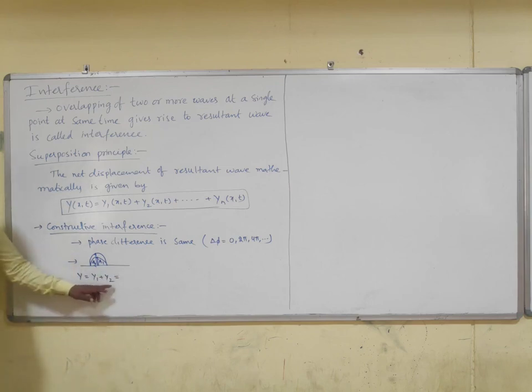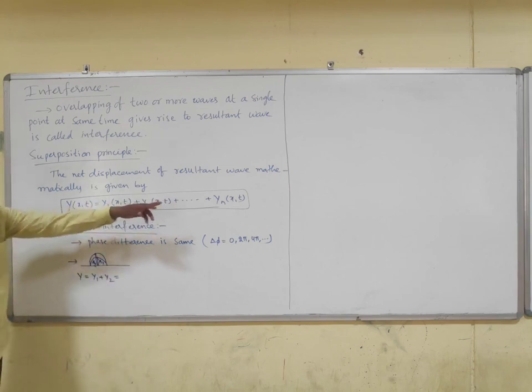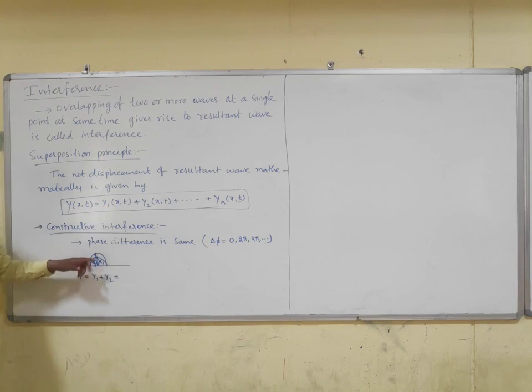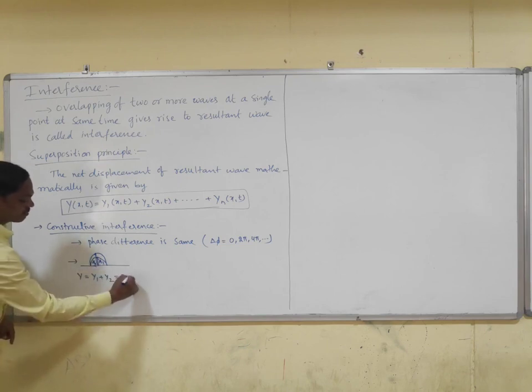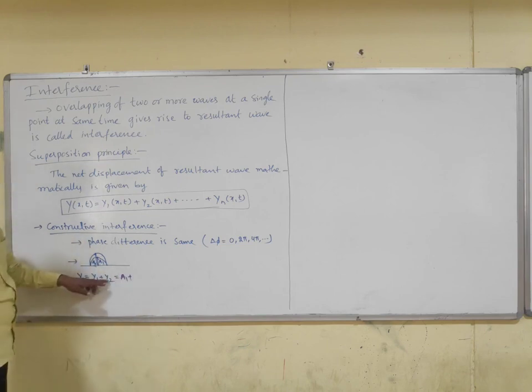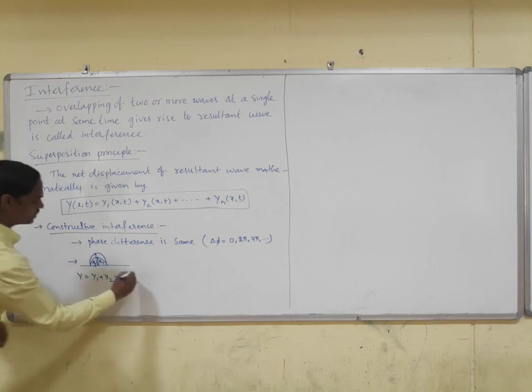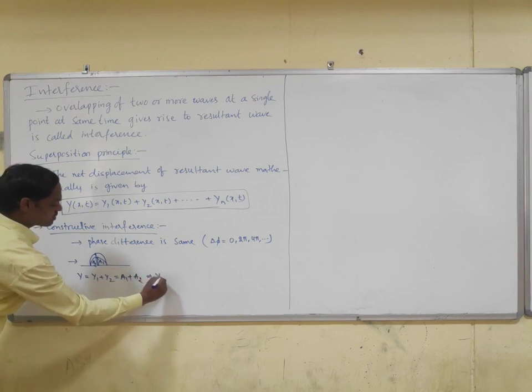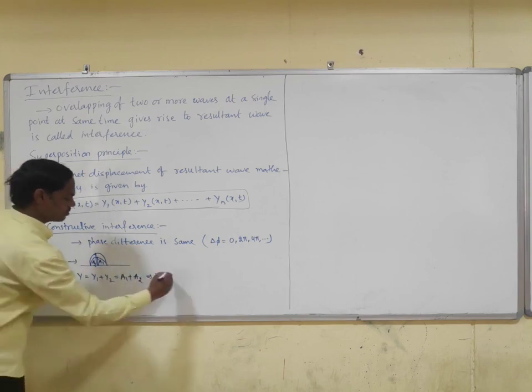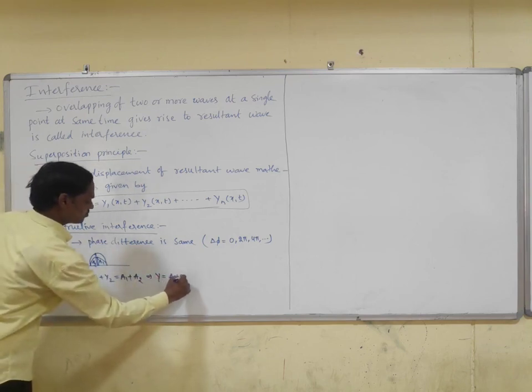Here we are taking 1, 2 out of n, because only two waves are overlapping. So resultant displacement is equal to first wave displacement A1, vertical displacement, plus second wave displacement A2. So y is equal to A1 plus A2.